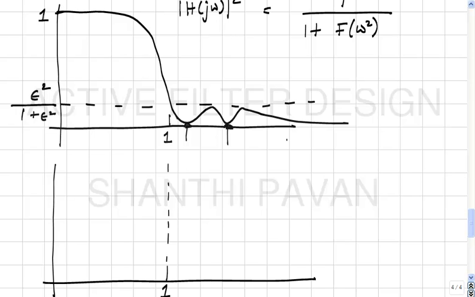Or rather, before we jump to f of omega square, what does 1 plus f of omega square look like? It will start with 1. At the band edge, it will increase to 1 plus 1 by epsilon square.